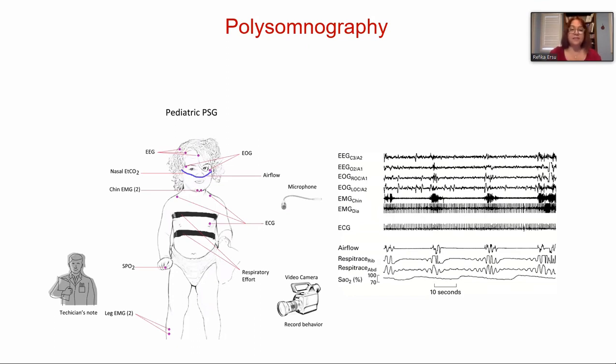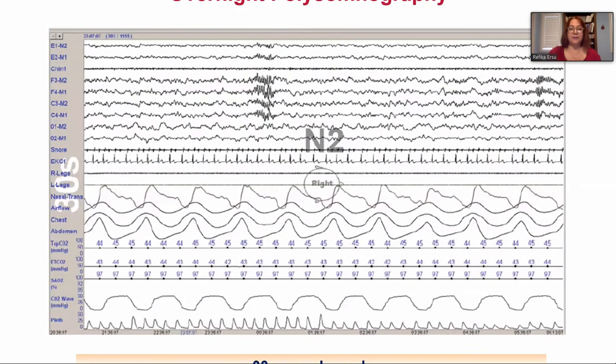If there's a lost signal, they go fix it, and also take notes. For example, if the child's chin EMG is working crazily and the technician notes that the baby is sucking on a pacifier, then you're not wondering what's going on with that child.